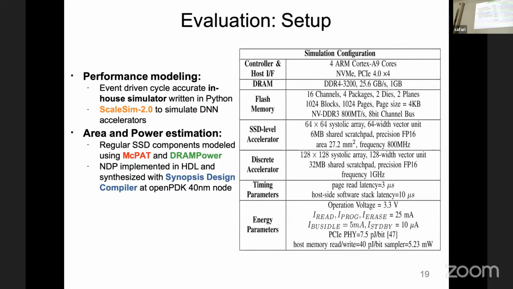For the setup, they use a 4-core processor, a flash memory with 16 channels, 4 packages, and 2 dies. Here, again, they also use the common page size of 4 kilobytes. They provide both the discrete accelerator for the CPU-centric configuration and the SD level accelerator for the Beacon 2.0 configuration, and both are essentially systolic arrays.